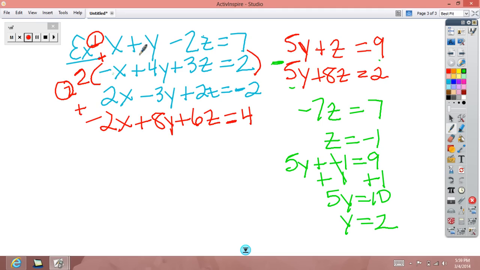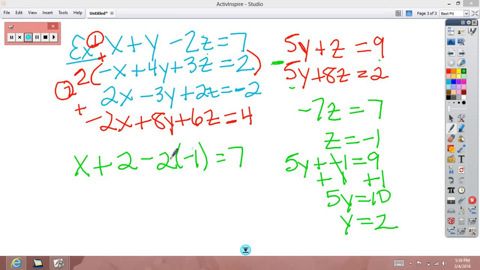Doesn't matter where I plug it in, but I see x here positive and by itself, so I'm going to use my first equation here. So I have x, which we don't know, plus y, which is 2, minus 2 times z, which we found was negative 1, equals 7.